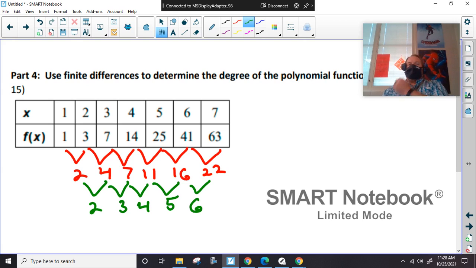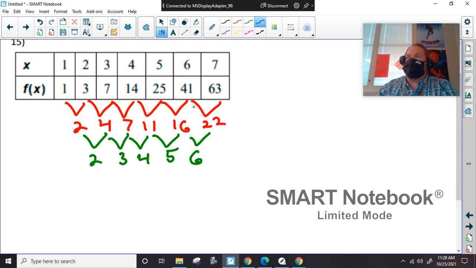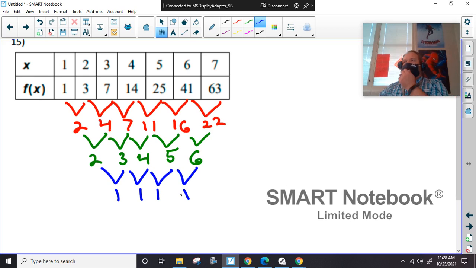Listen, remember, when you're not here, it's up to you to go back and look at the stuff in Schoology. What we're doing is finding, let's see, what's 3 minus 1? 2. Now, we go until we get all the same numbers. So I get 1, 1, 1, and 1 here. So, which difference are they all the same?